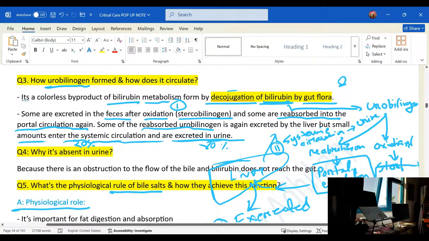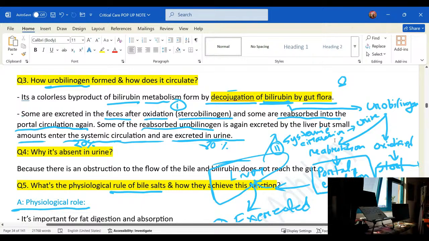Some of the reabsorbed urobilinogen is again excreted by the liver, but a small amount enters the systemic circulation and is excreted in urine.